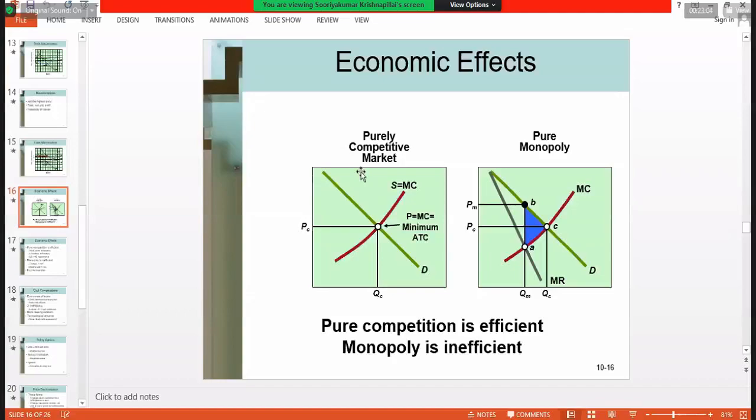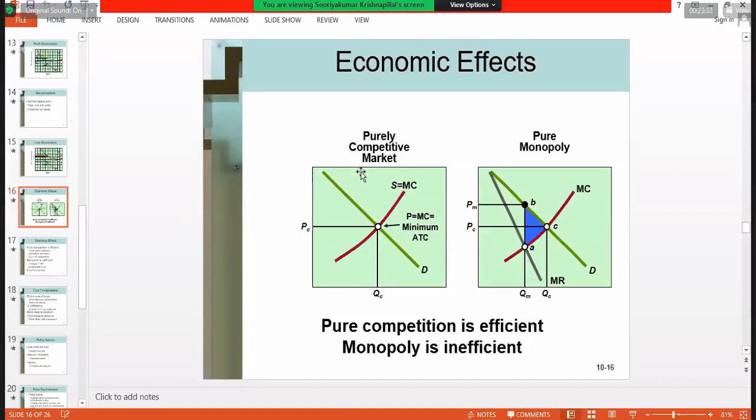If price equals marginal cost, we achieve allocative efficiency. We allocate our resources to produce the correct amount of output the society wants, so scarce resource inputs are allocated efficiently for this production.